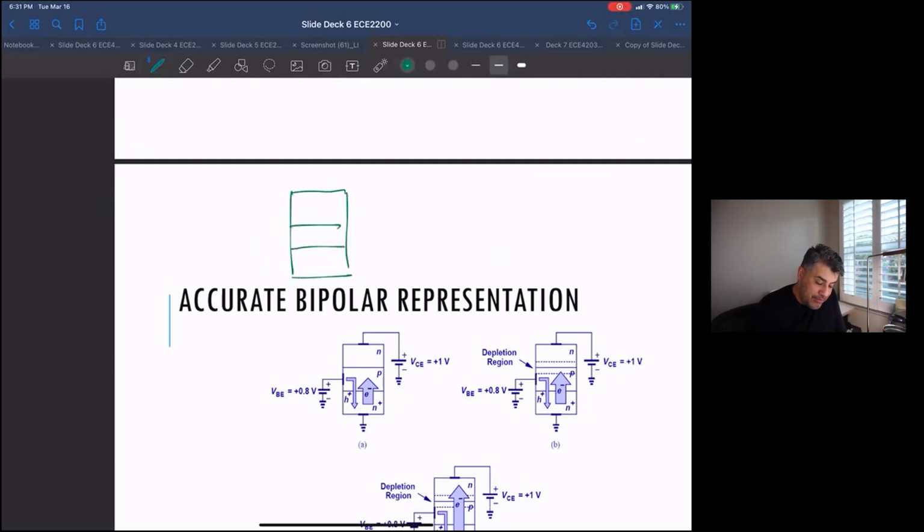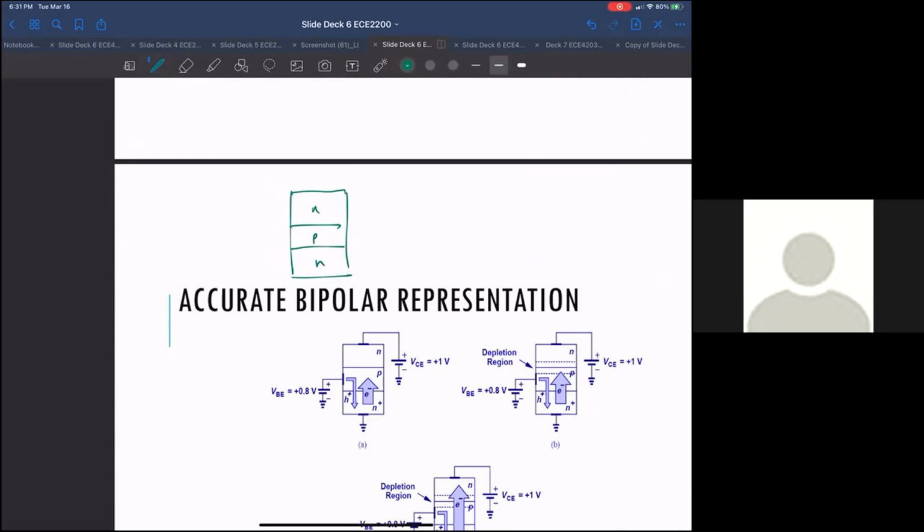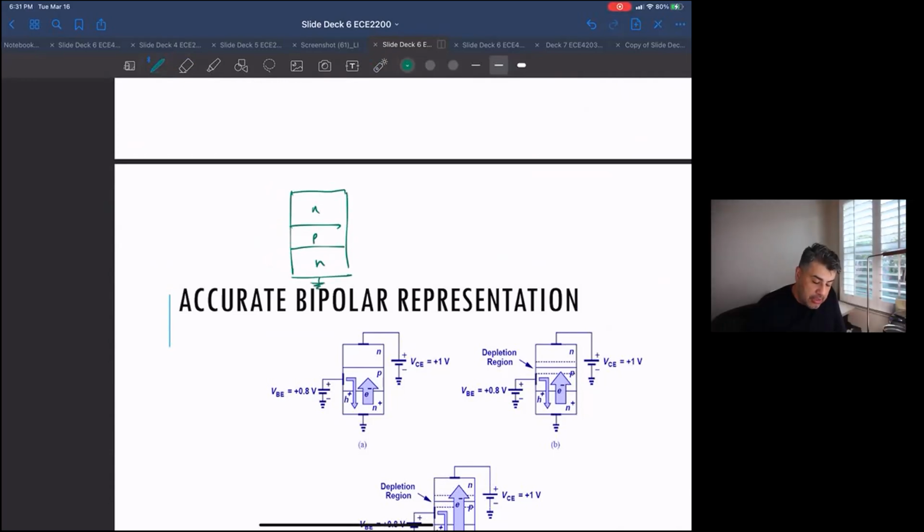But okay, so for the sake of discussion now, let's say we connect this to ground and we put a positive voltage here of 0.8 volts. Now let's just look at this PN junction.